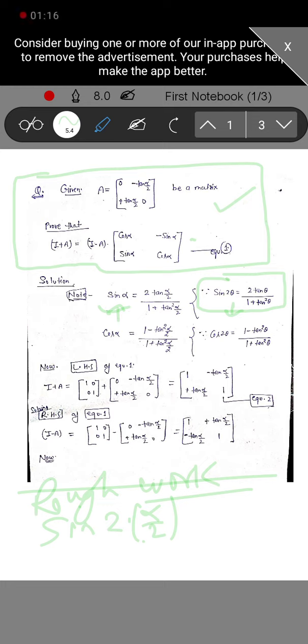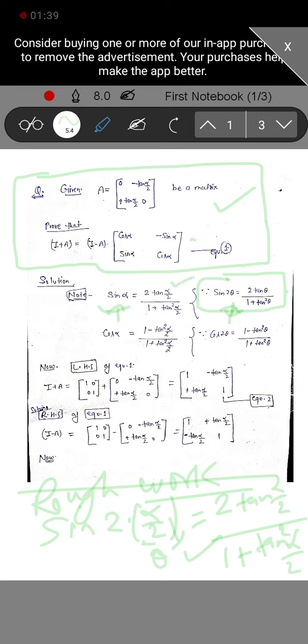Now in place of theta, we can assume this is our theta. After putting it in, you get 2 times tan alpha by 2 upon 1 plus tan square alpha by 2. This is the identity we have given here.